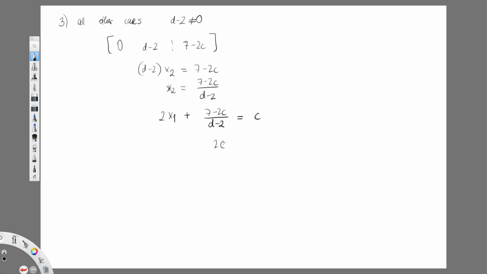So my 2x1 is c times d minus 2 minus 7 plus 2c, and I can just divide that by 2 and get x1. So in this case, I will have a unique solution, and it's going to be x1, x2. So those are all of my solutions. Questions?